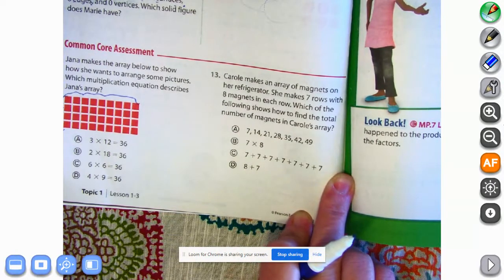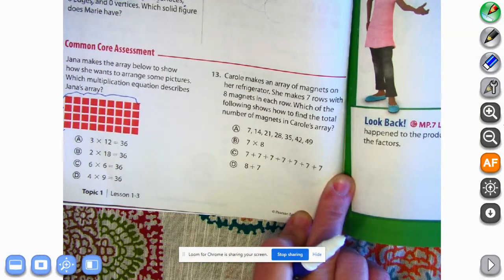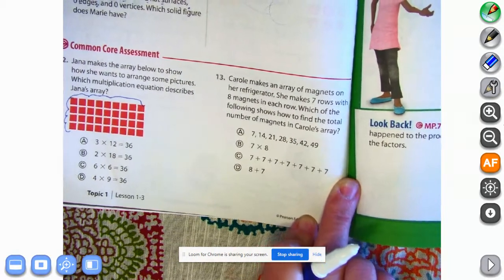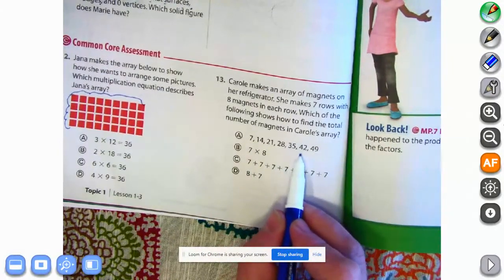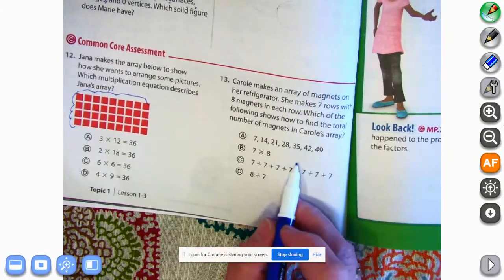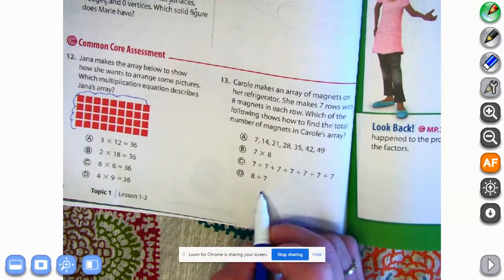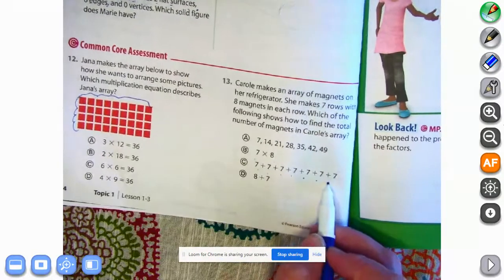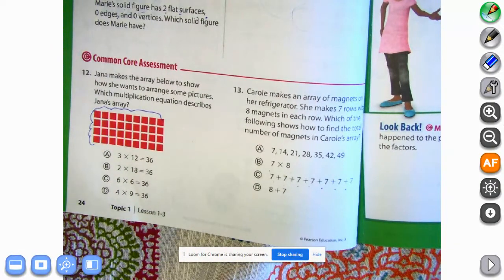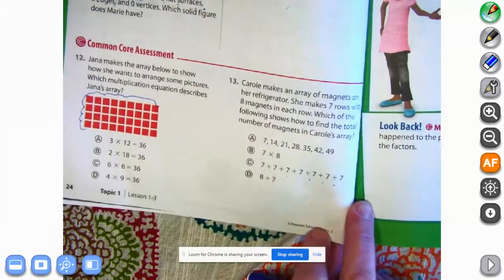Which of the following shows how to find the total number of magnets in Carol's array? So 7, 14, 21, 28, 35, 42, 49. 7 groups of 8. 7 plus 7 plus 7 plus 7 plus 7 plus 7 plus 7, or 8 plus 7. Okay, go ahead and pick which one you think it is.